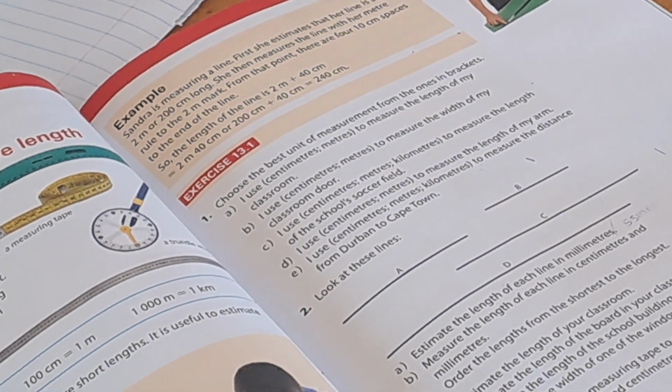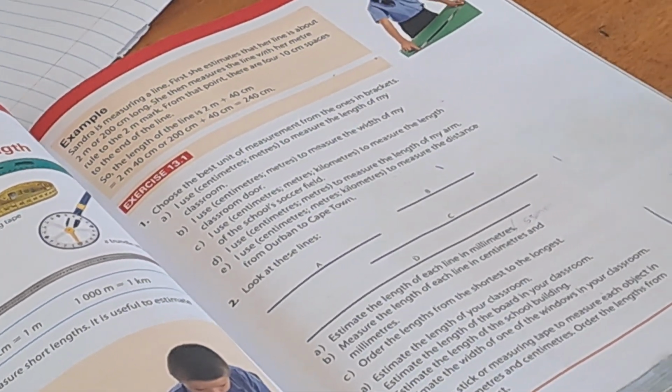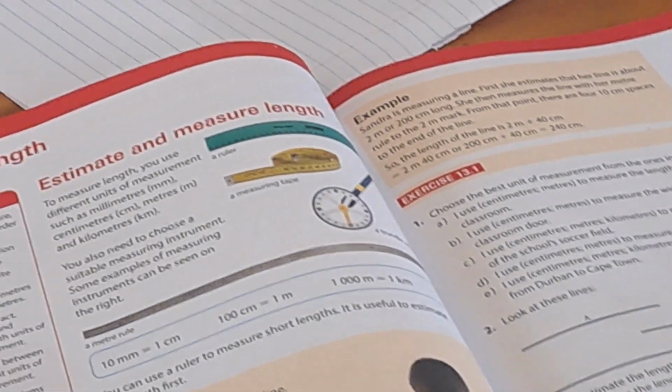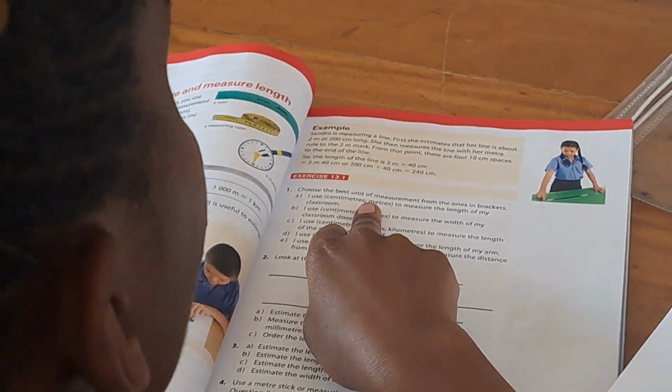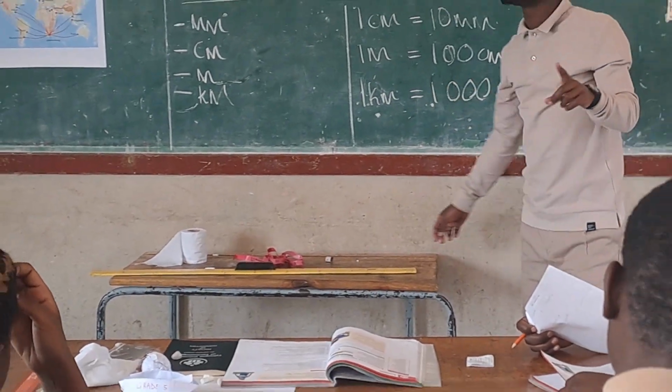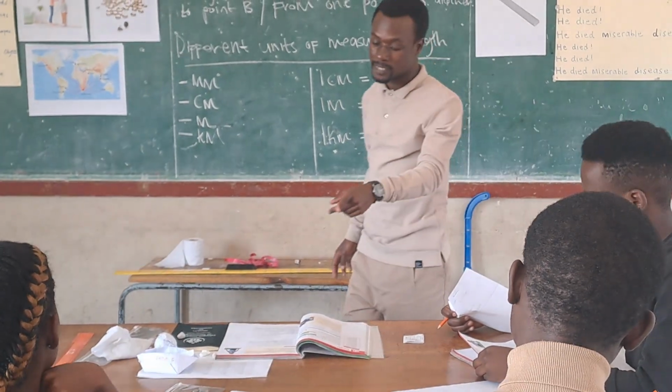Let's use number A as our example. Which answer is correct there? Is this meter or centimeter? Yes, it's meter, because the distance is too long to be measured using centimeters.